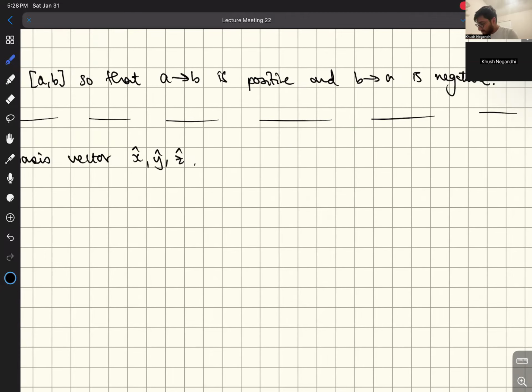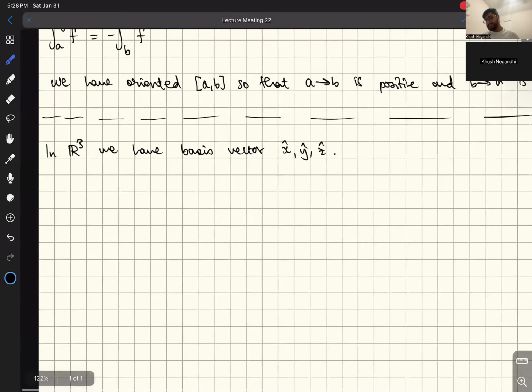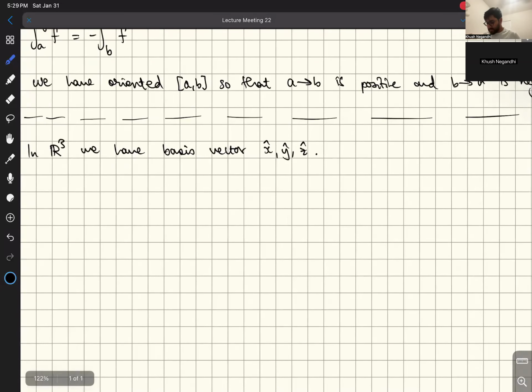Sorry, let me rephrase that. These three basis vectors define an orientation, right? They say that going from x to y is positive, but going from y to x is negative. Similarly, going from z to x is positive, but going from x to z is negative. We want to make this more precise.